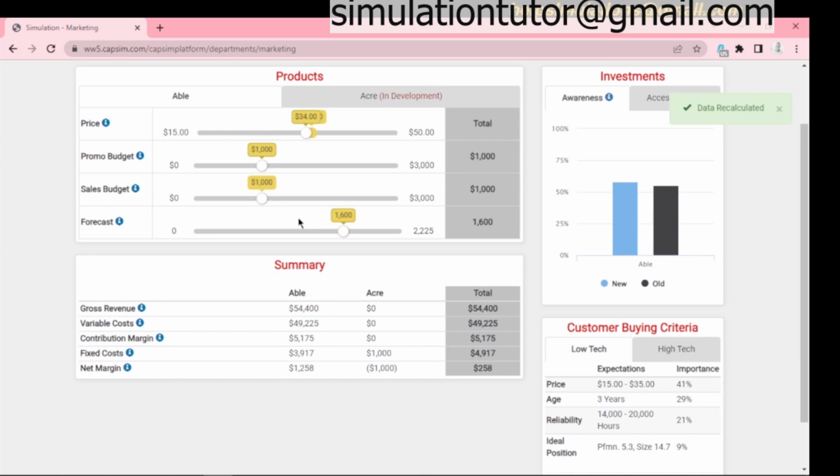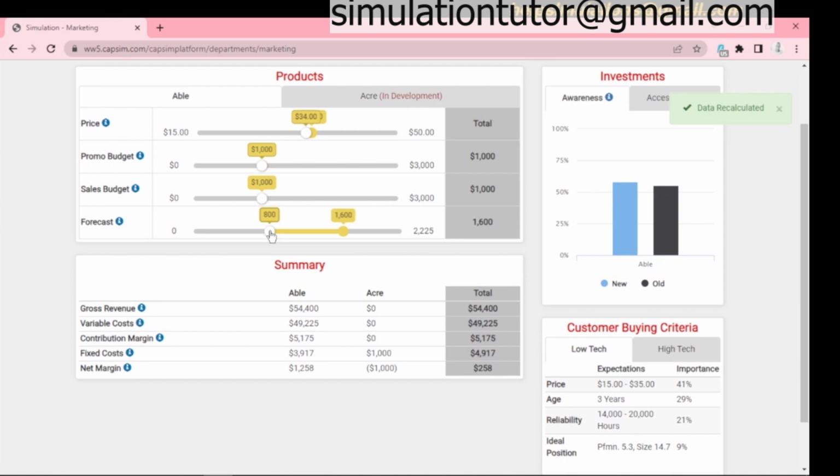in the low-end market, we'll sell about 695. So maybe the forecast will be about 695 in this market segment, so I'll move it to about 695. But remember, some of the products will also be sold in the high-tech market segment.